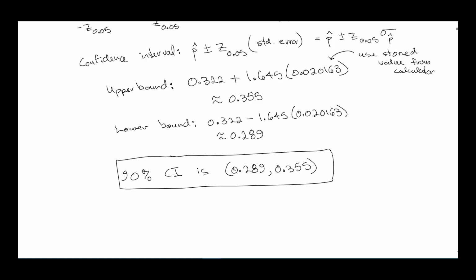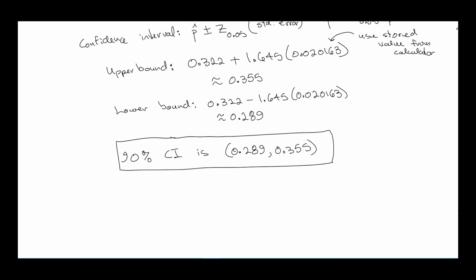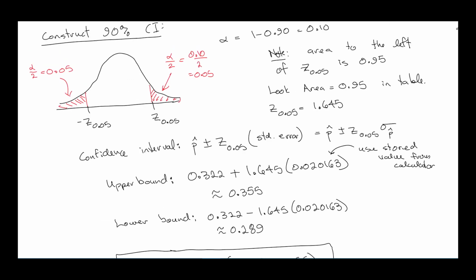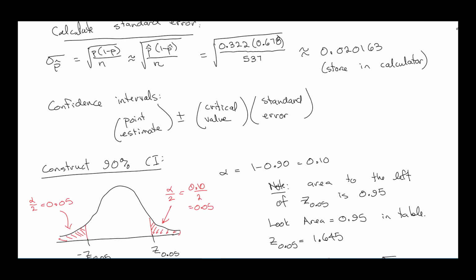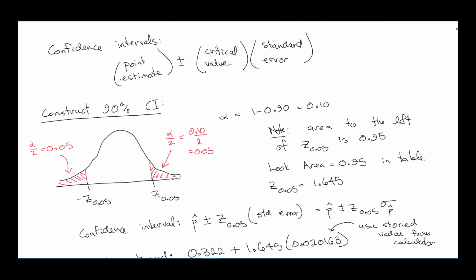Okay, so now let's look at the 95% confidence interval, and we've done a lot of the work for it already. Basically, let's look back at what we did before and see what we can still use. We're going to use the same standard error, right, in the same layout.